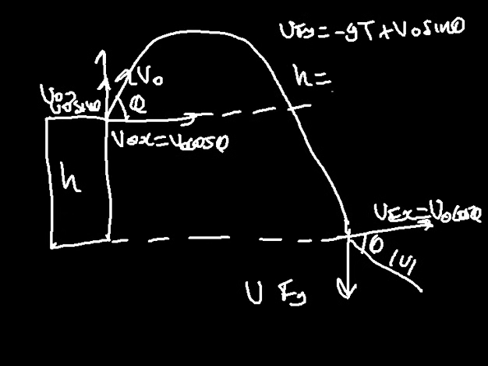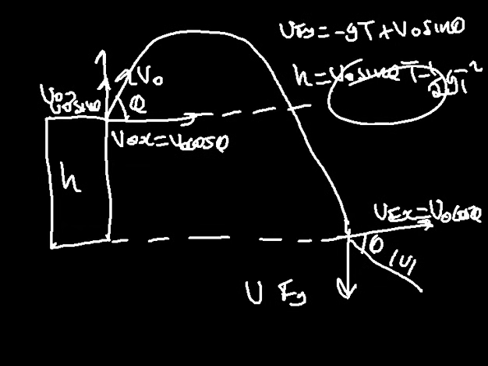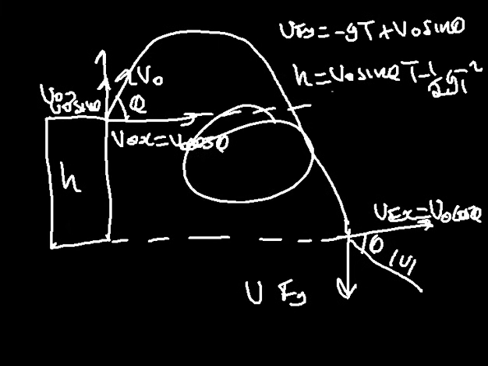So the height of the building is equal, since this is along the y-axis, to the initial velocity along y, which is v naught sin theta, times t total, minus half g t total squared. So this is the equation that we're going to use to get t total in case we have the height of the building.